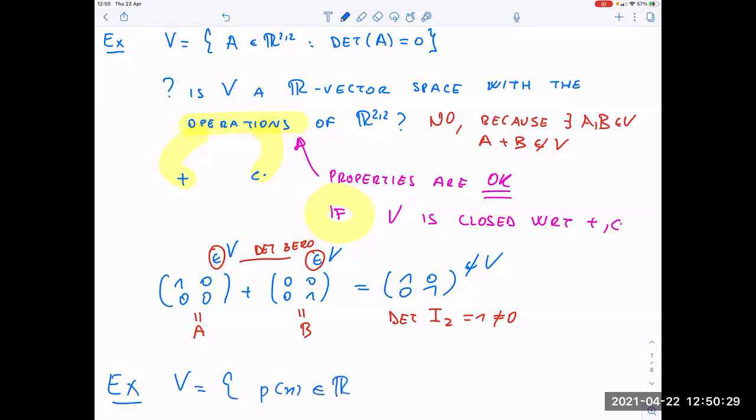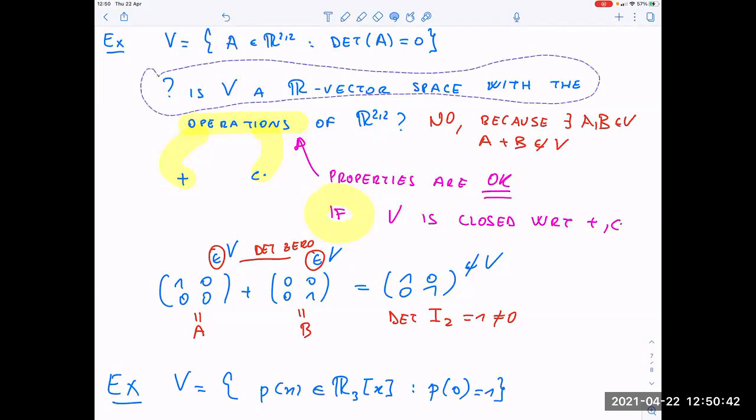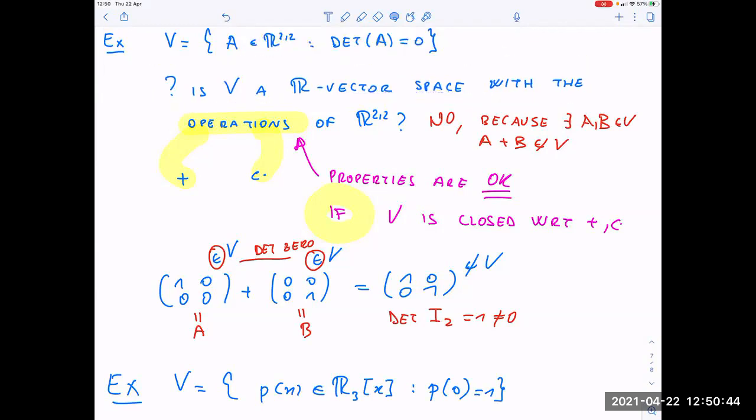of degree at most 3 in variable x, such that P of 0 is equal to 1. And we ask the same question. Is this a subspace?